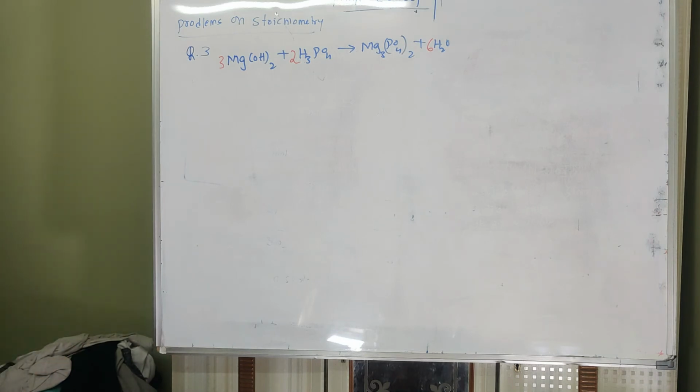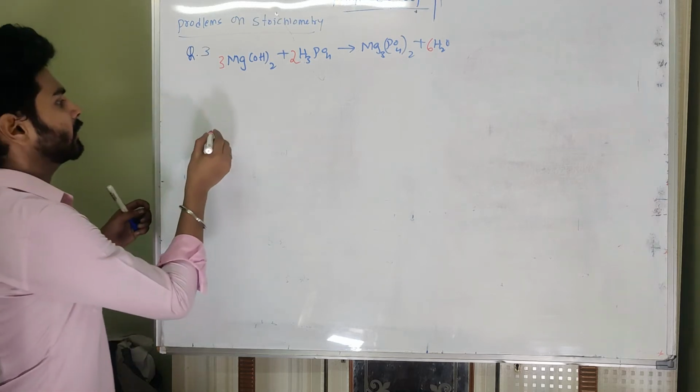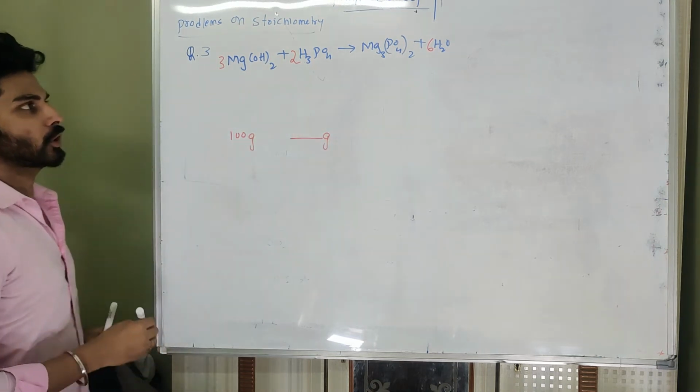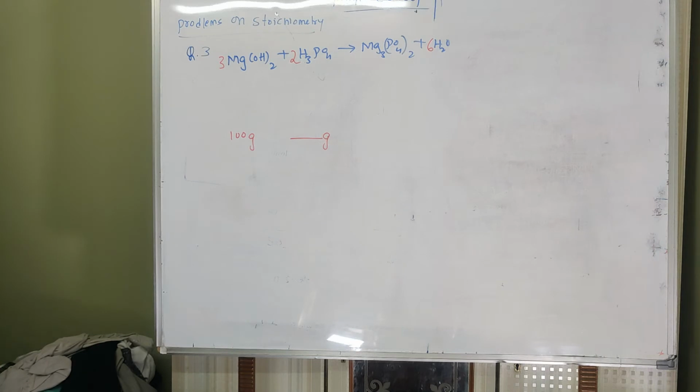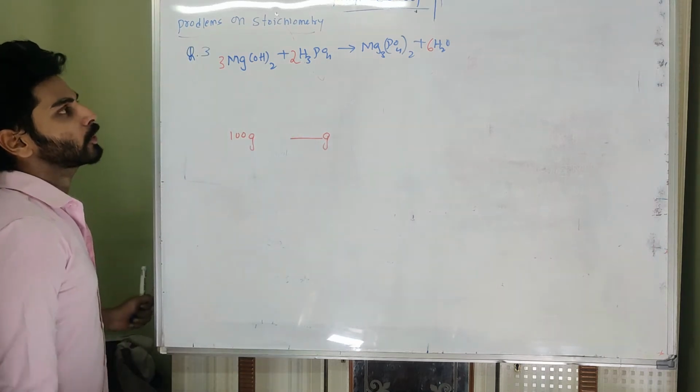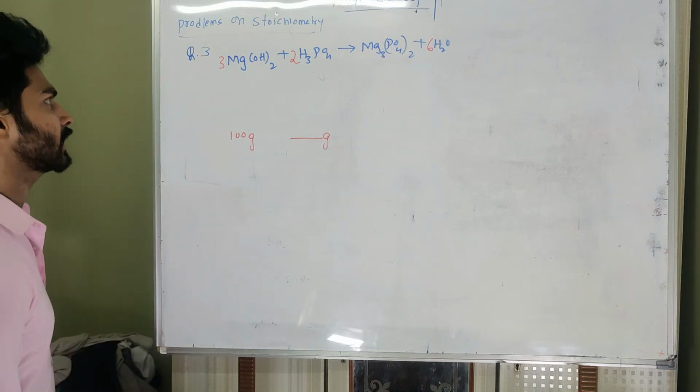What is given to us is 100 grams of magnesium hydroxide, and we are asked how many grams of phosphoric acid are needed. Here we are not interested in the product, we are interested in how many grams of the reactant phosphoric acid is needed.